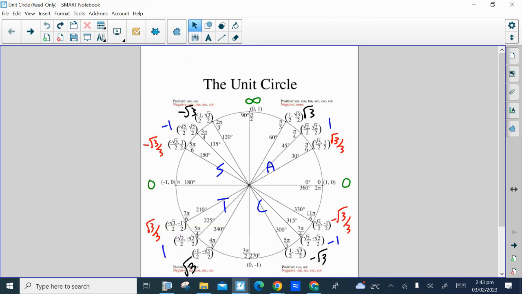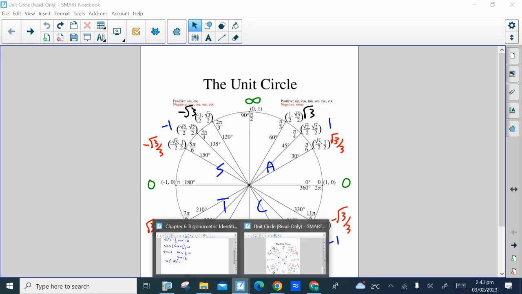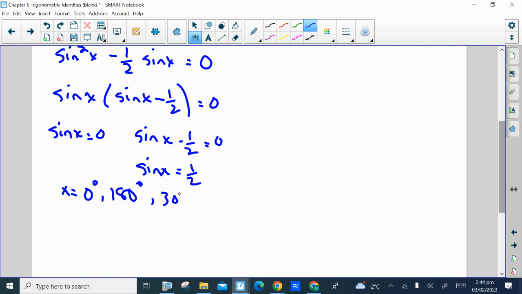And again, sine is the y value, equals positive 1/2 here at 30 degrees and over here at 150. So there's our 4 answers.